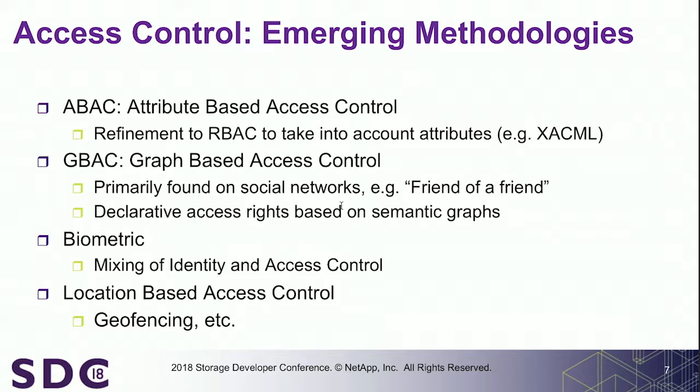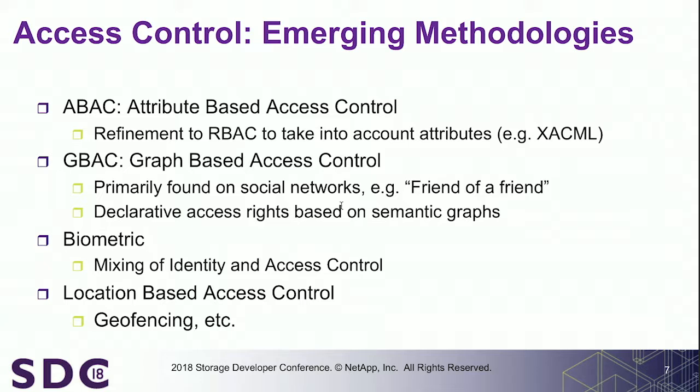One of the areas where we've started to see a lot of deployments is graph-based access control. You're probably familiar with this with a friend of a friend. If you friend somebody, they can then see your friend's posts, depending on how the security policy is. You're looking at these graph relationships, and you're defining access control based on those graph relationships.